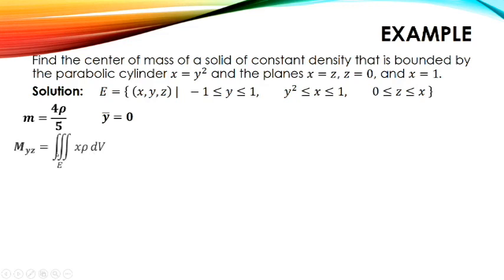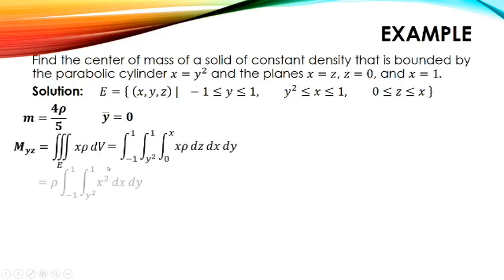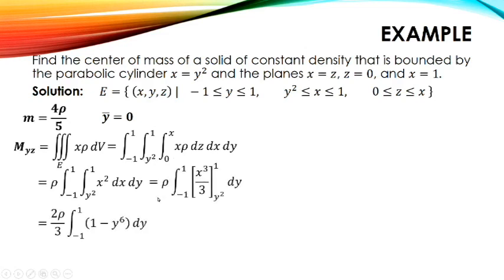To get that, we need the moment about the yz plane. It is the triple integral of x rho dV. Evaluating that, we have this. Performing the integrals, we will get 4 rho over 7.